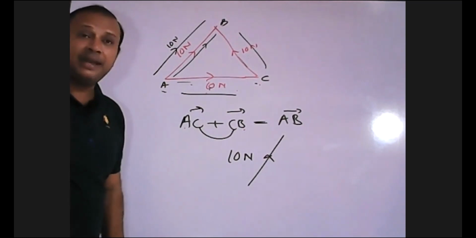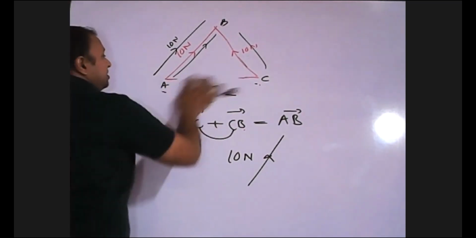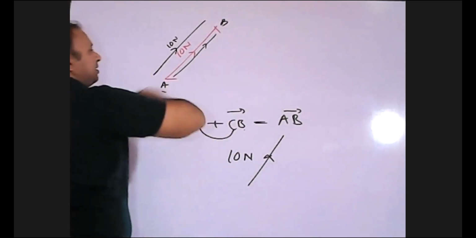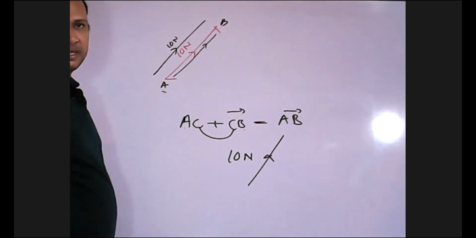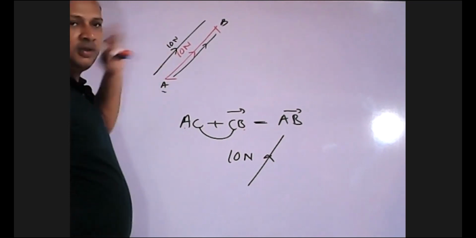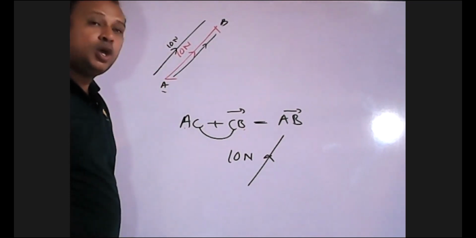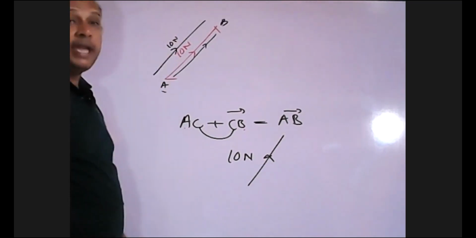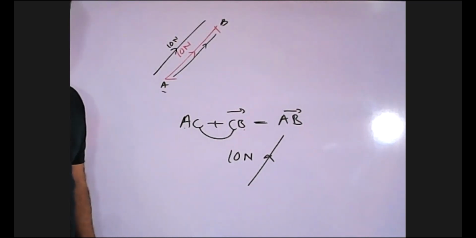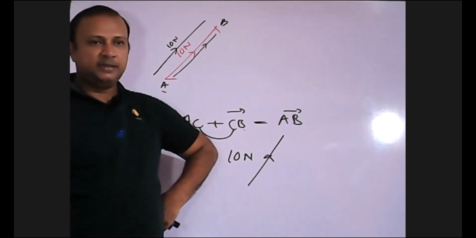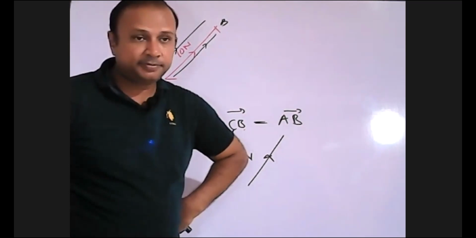So now there are two vectors in the A to B direction. One is 10, the other one also 10. 10 plus 10 means 20 Newton in the A to B direction. So the resultant force is equal to 20 Newton, and the direction is from A to B.